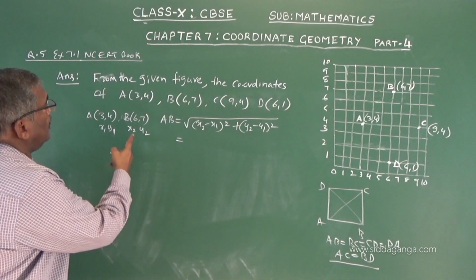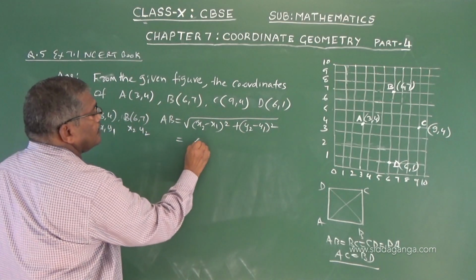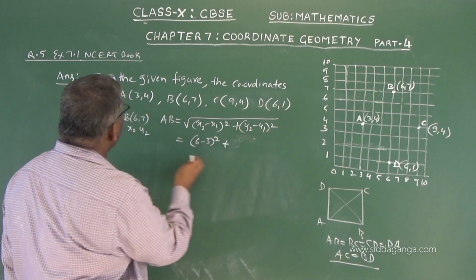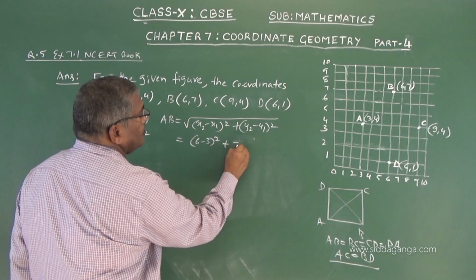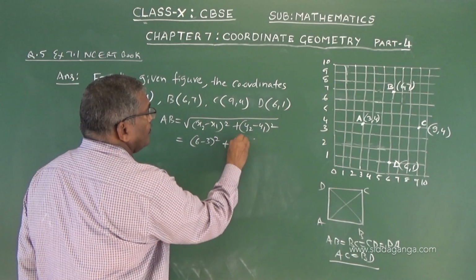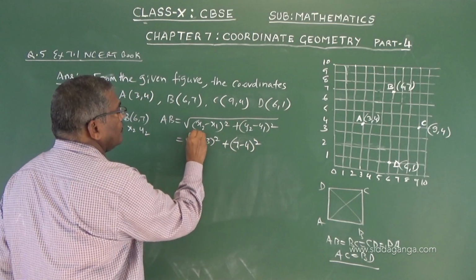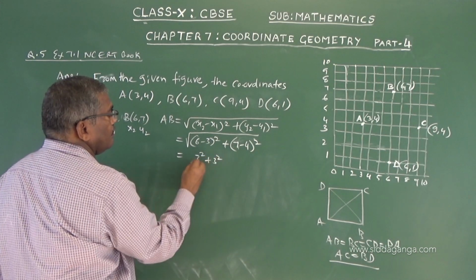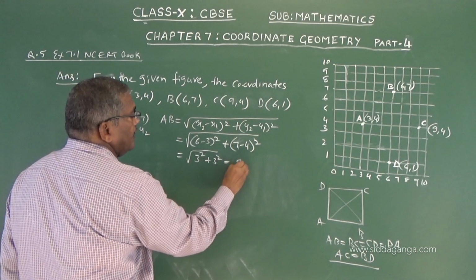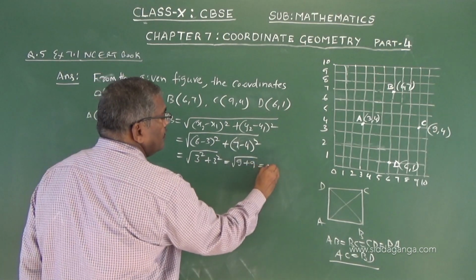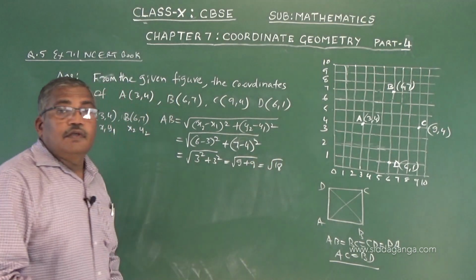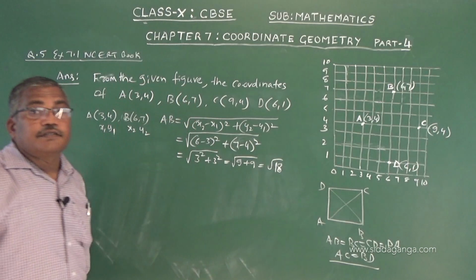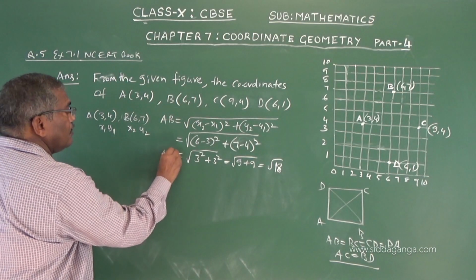This equals (6 minus 3) whole square plus (7 minus 4) whole square under the root. So this equals 3 square plus 3 square under the root, 9 plus 9, root 18. You can keep it as it is. AB equals root 18.